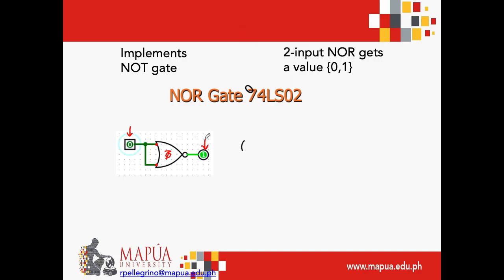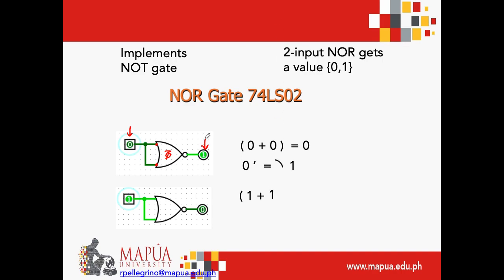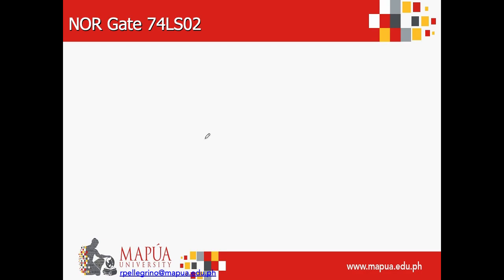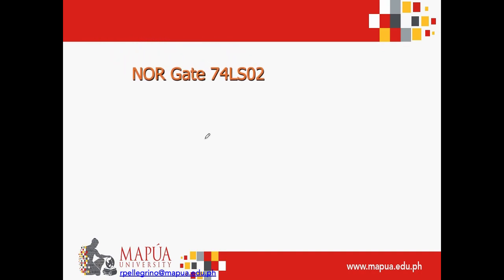So if I have here 0 or 0, that is 0, complement, that will be 1. If I have 1 or 1, that gives me 1, but complementing that gives me 0.